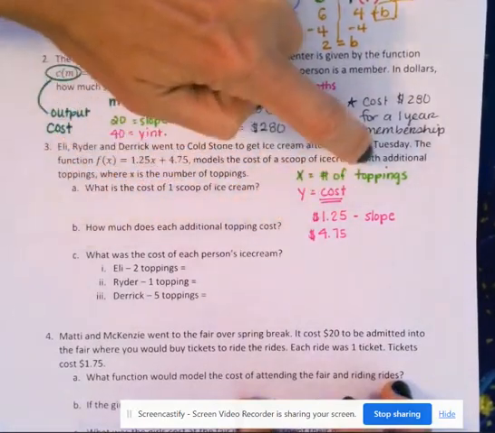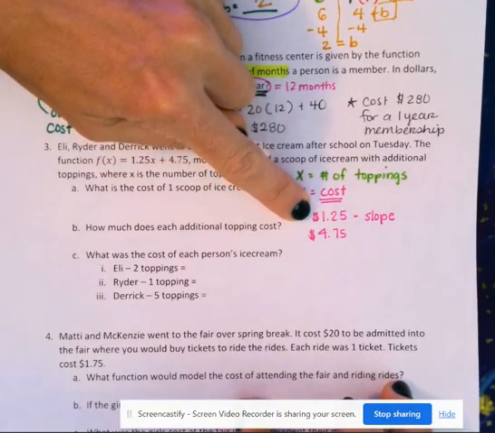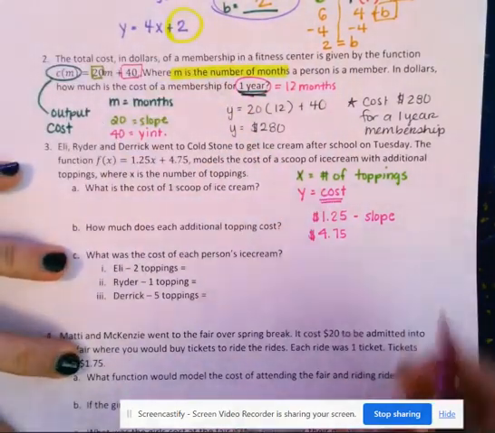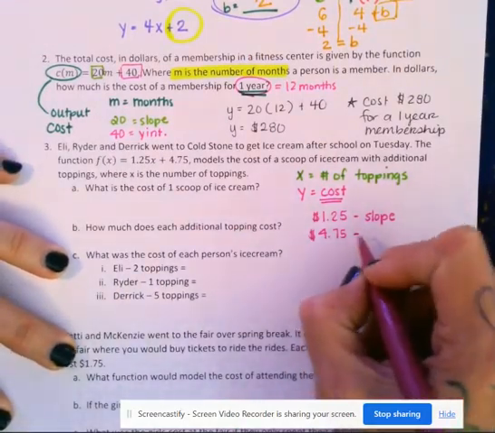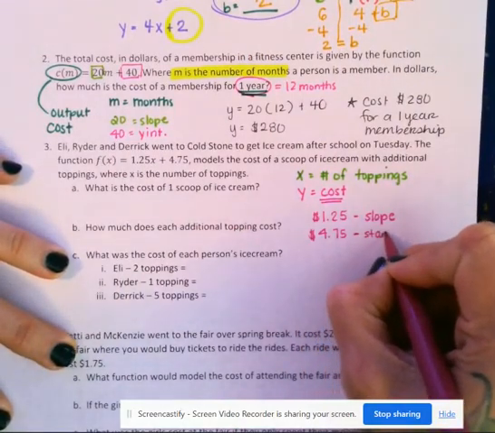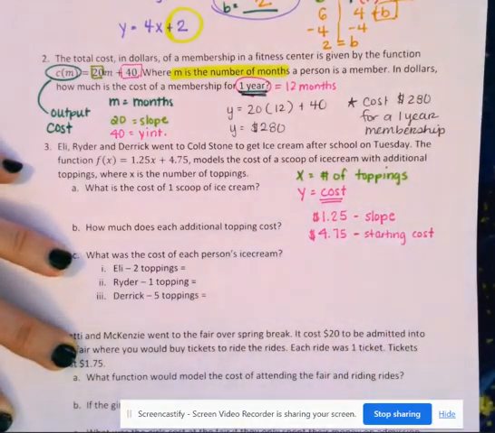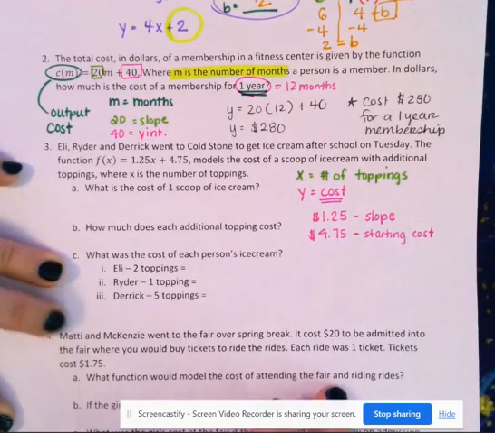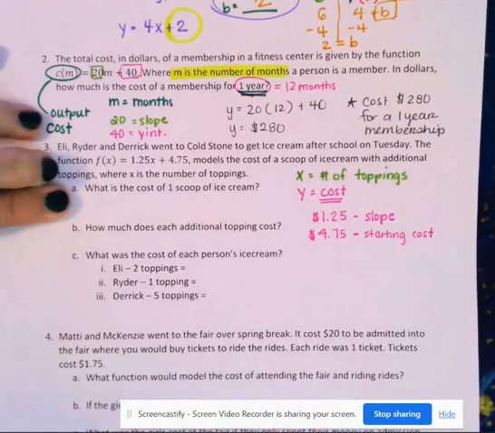So depending on the number of toppings, it's going to go up. That's a positive 1.25 for every topping you add. Your 4.75, if you're thinking ice cream, is just a single scoop of vanilla or whatever you got. So this is your starting point, or in this case, starting cost. So as soon as you ask for ice cream, it's going to be at least $4.75. So what is the cost of one scoop of ice cream with no toppings?